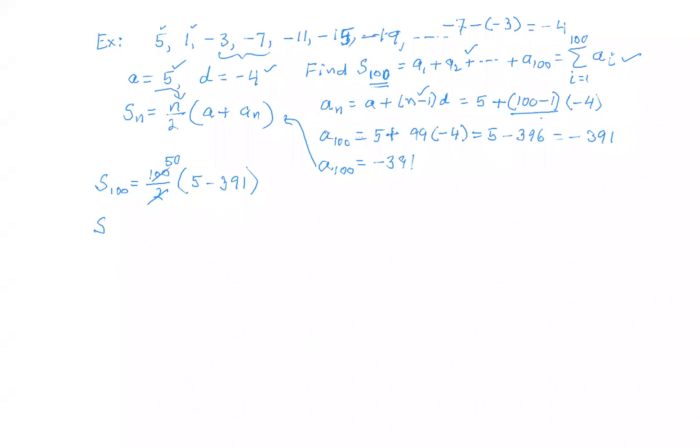So your S sub 100 is equal to 50 times negative 386. 386 times 50 is equal to 19,300, negative. So your answer is negative 19,300.